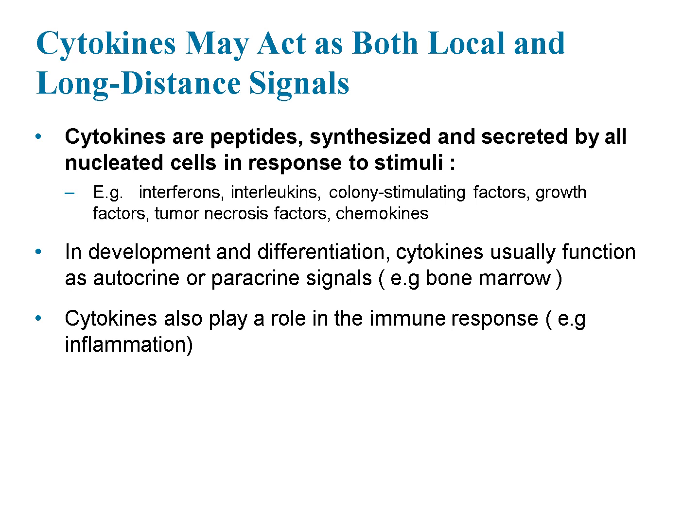During development and differentiation, cytokines typically act as autocrine or paracrine signals. For instance, in the bone marrow, they help regulate processes such as the production and maturation of blood cells. However, cytokines are perhaps best known for their role in the immune response. When the body encounters an infection or injury, cytokines mediate inflammation by coordinating the activity of immune cells.